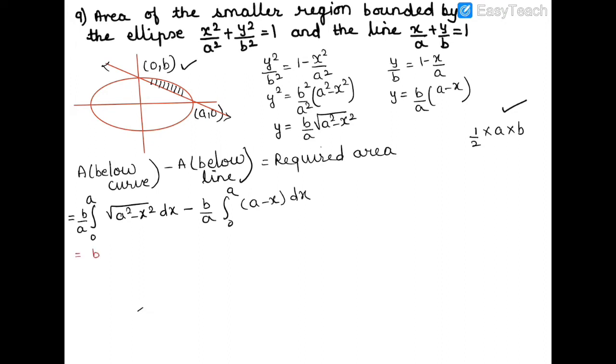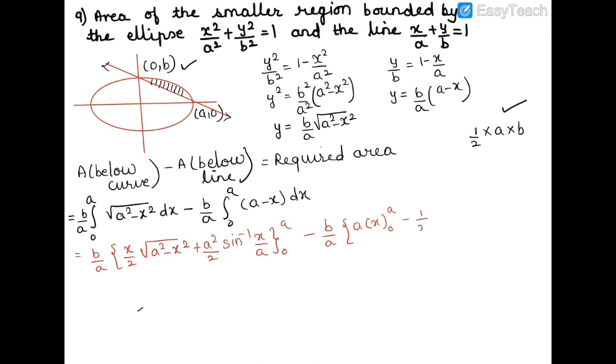I simplify this b by a, and I get x by 2 under root a square minus x square plus a square by 2 sine inverse x by a, limit is 0 to a, minus b by a, and this part is a into x, limit is 0 to a, minus half x square or x square by 2, limit is 0 to a.